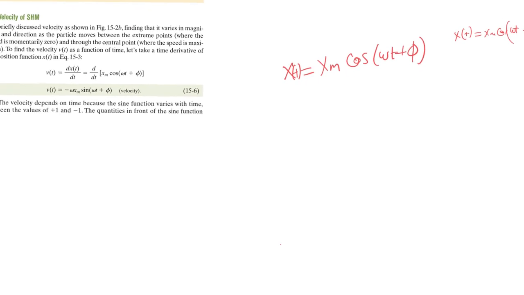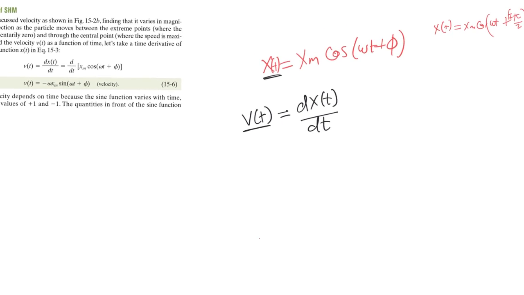We all know that the velocity is the change of the position with time. So we can calculate the velocity by taking the derivative of the displacement of the simple harmonic motion with respect to time.